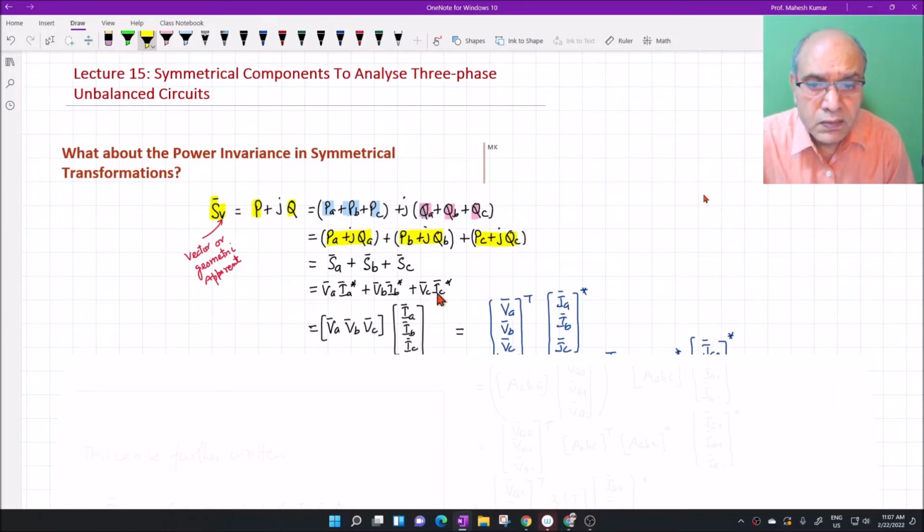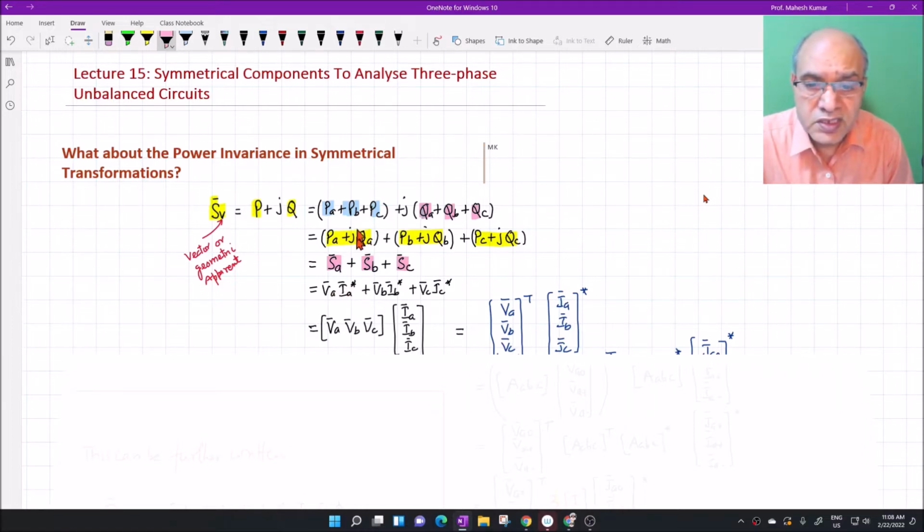Or we can also write it in the form of individual complex apparent power for each phase, that is SA plus SB plus SC. Which can also be written as the product of the voltage phasor and the current phasor conjugate, that is V I conjugate.